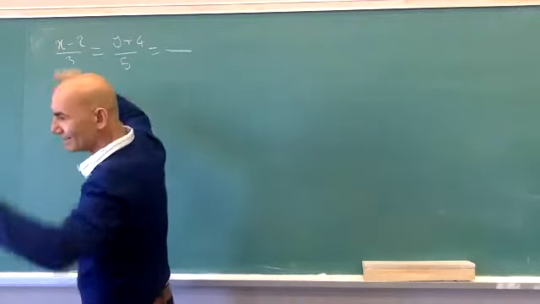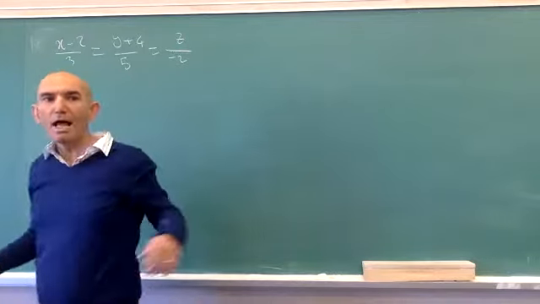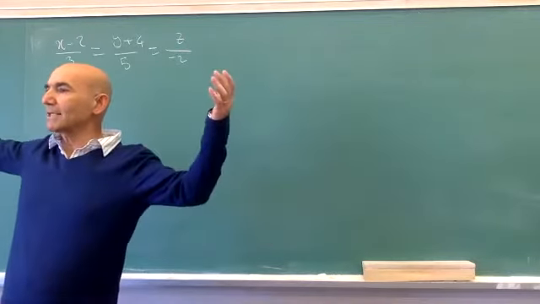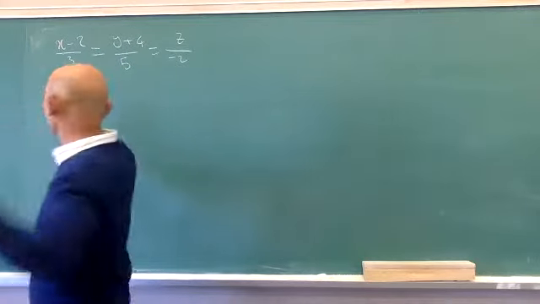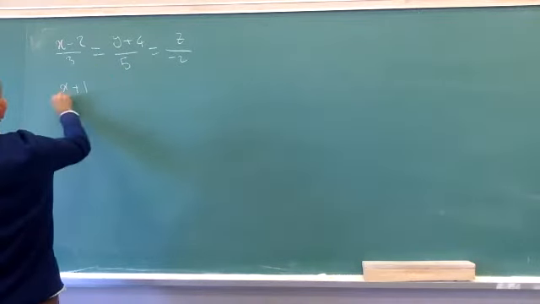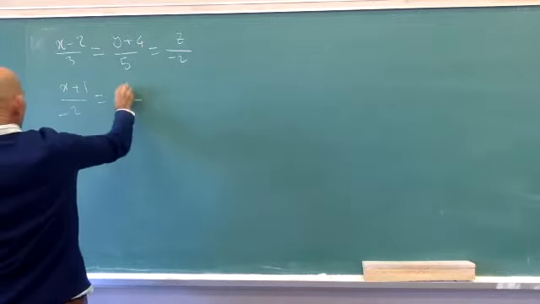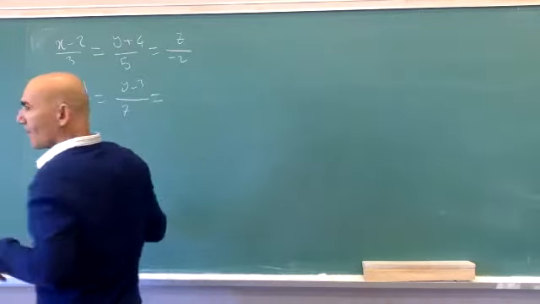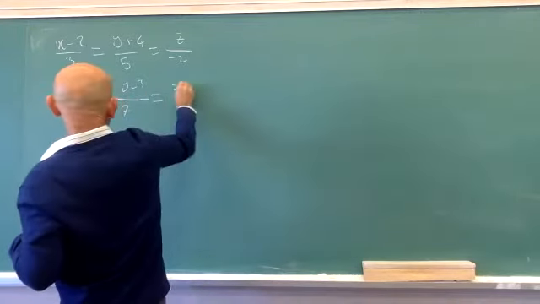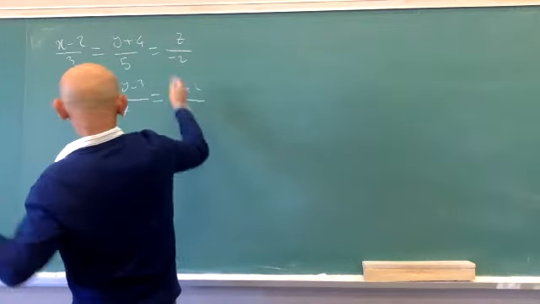So now someone else gives me a second line without noticing this. x plus 1 over negative 2 equal to y minus 3 over 7 equal to z plus 1 over 4. Cool. Okay, that's good.